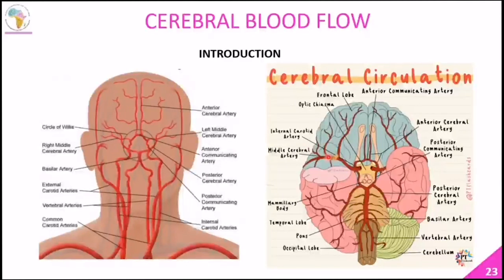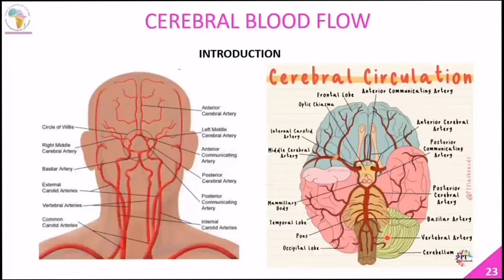On each side, we have the internal carotid artery, on the right and the left. That's two of the major arteries. Next, we have the right and the left vertebral artery, on each side, because they run up on either side of the vertebral column, within your vertebral bones.